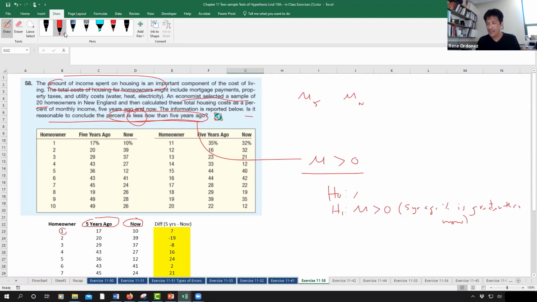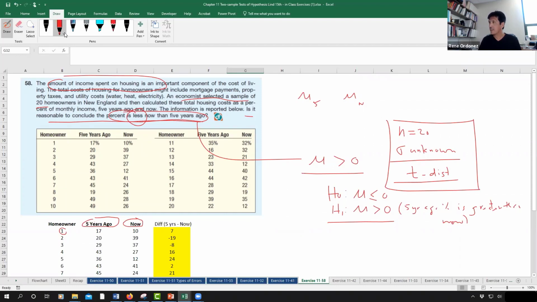All right. The null hypothesis would be less than or equal to 0. Okay. And since the sample size is small, only 20, and sigma is unknown, this will use the t distribution. Okay, so far?